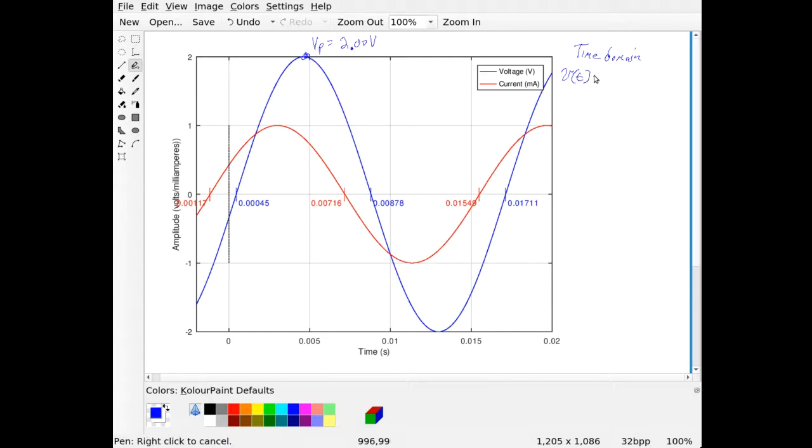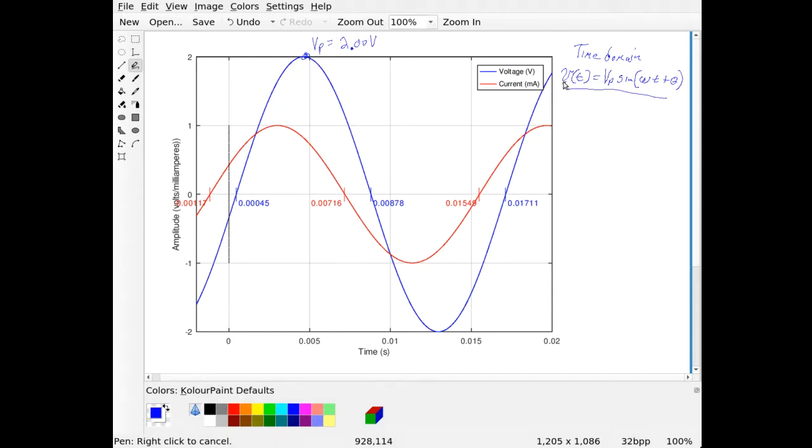What we're saying is that the voltage V is changing with respect to time, so it's going to have a peak value times sine of omega t plus some phase angle. This is the general form of our time domain representation of a sine wave.